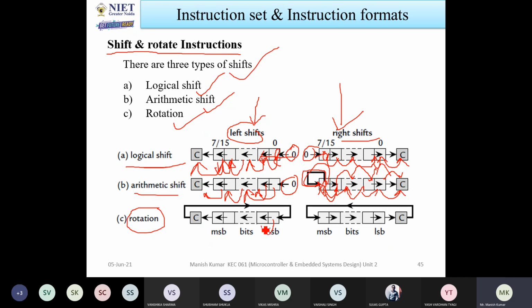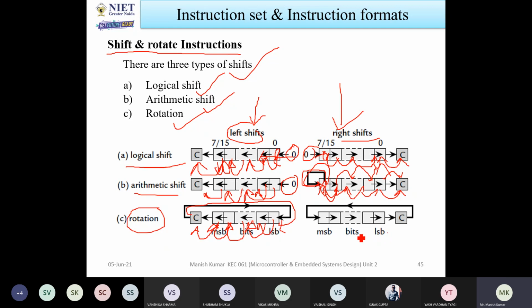This bit is shifted to this bit, this bit is shifted to this bit, and this bit is shifted to carry, and the carry bit is shifted to the LSB bit again. That's why the rotation will be complete. That is the difference between shifting and rotating.